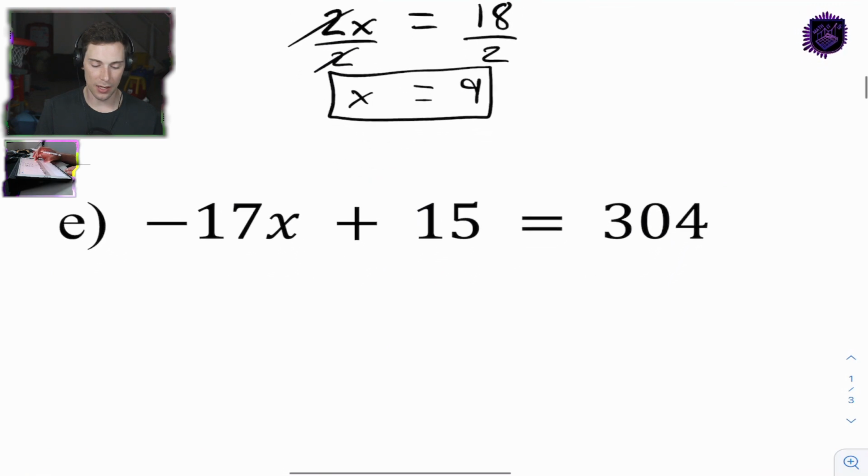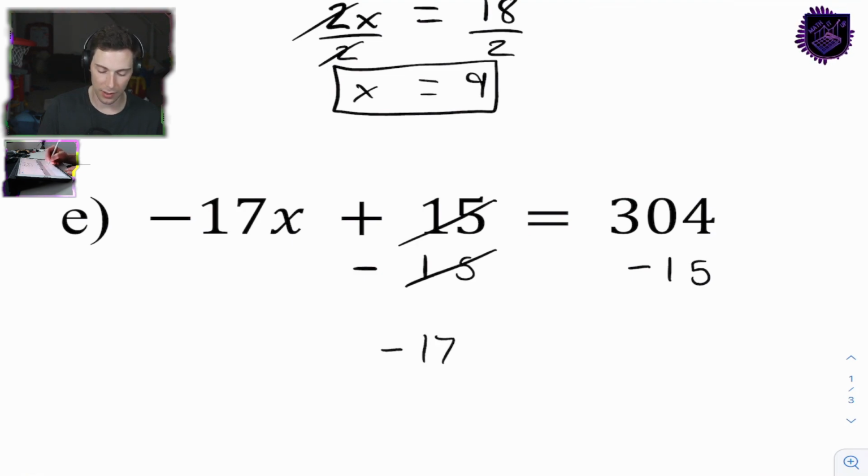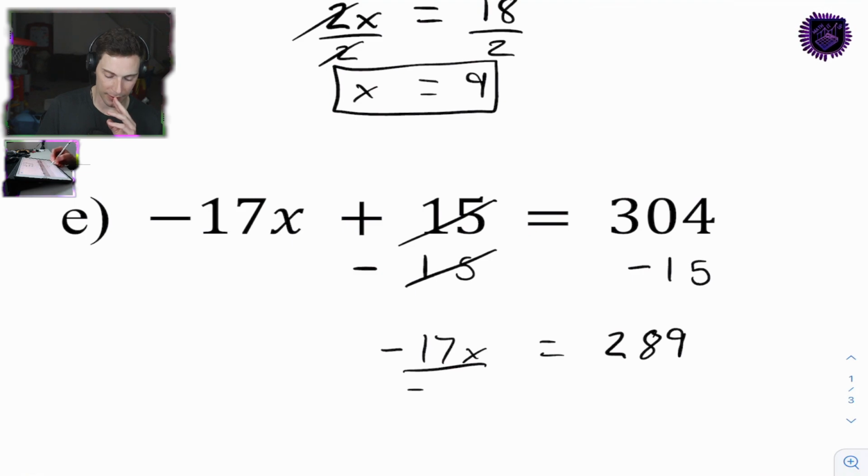3e. So I have, okay. Let's subtract 15 from both sides. On this side, it's going to cancel out, leaving us with negative 17x is equal to 289. Divide by negative 17.